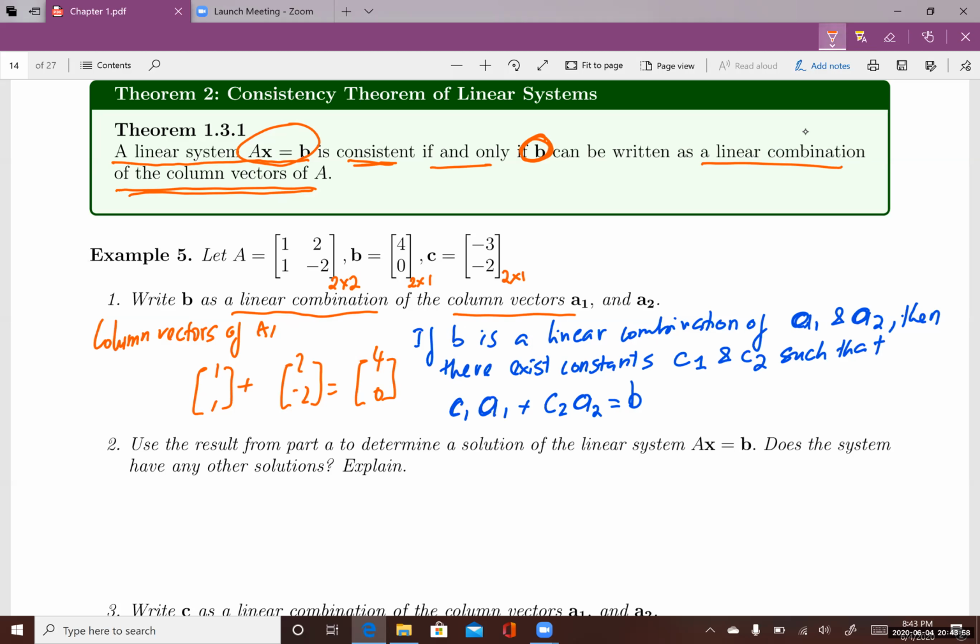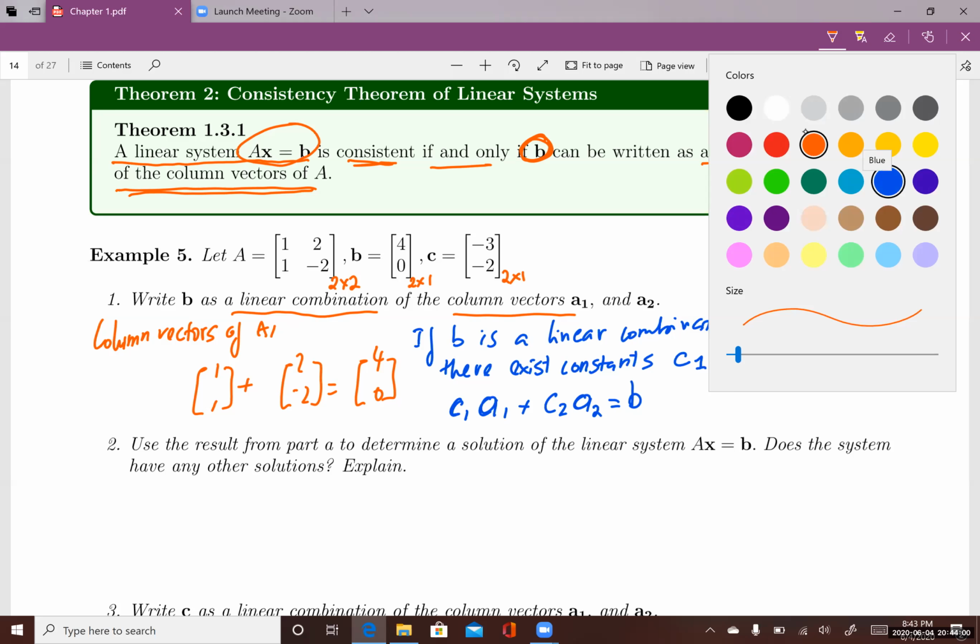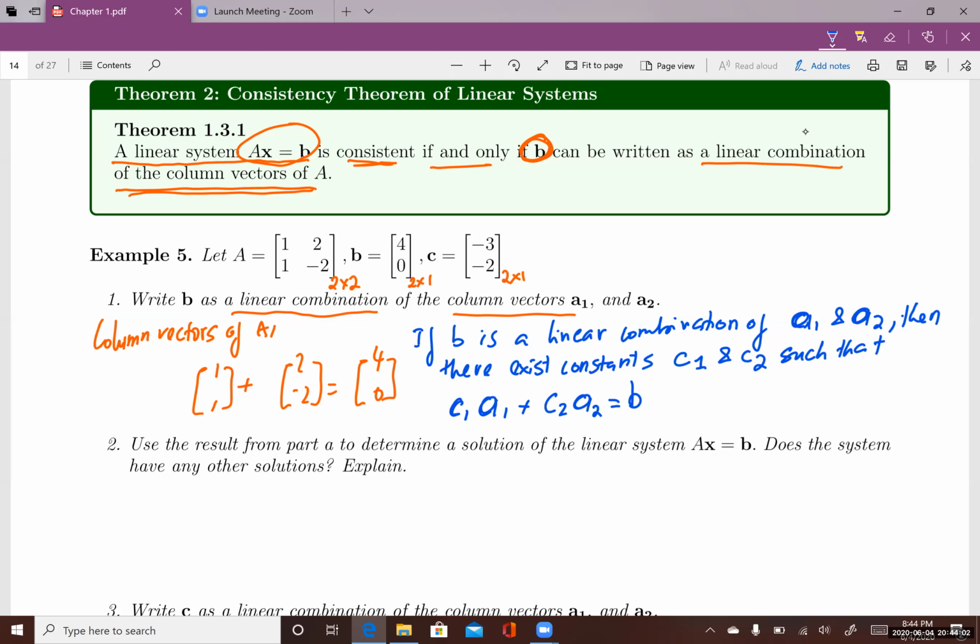All right. Well, this is C1 and C2 should be here, right? C1 A1 plus C2 A2 equals B. What values of C1 and C2 will satisfy this equation?